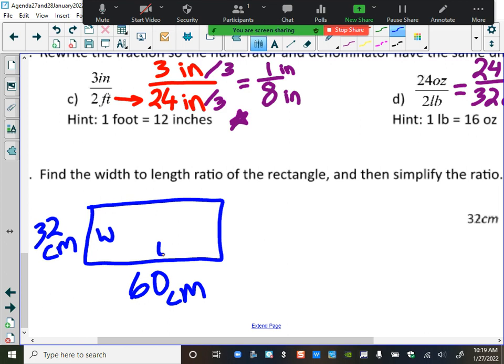All right, Catherine, Zoe, Kevin, everybody, are we ready? Okay. Key is right here. The width to length.